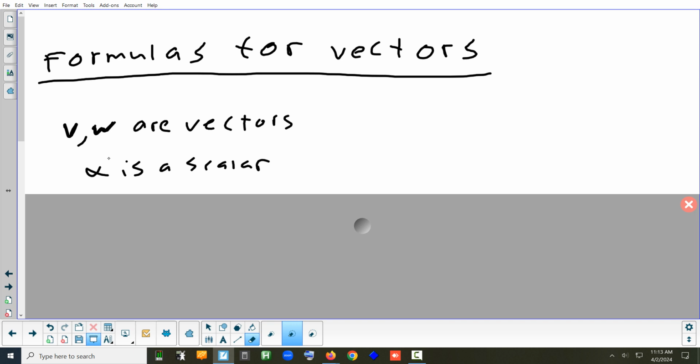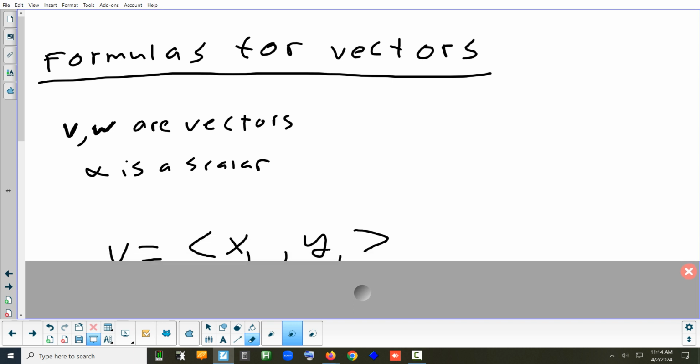When you scale a vector, three things can happen to it. Did anybody remember one of the things? It can get longer. Another thing that could happen is it gets shorter. And one of them, yeah? And reverse. Right, if it was a negative scalar, it can reverse the direction.